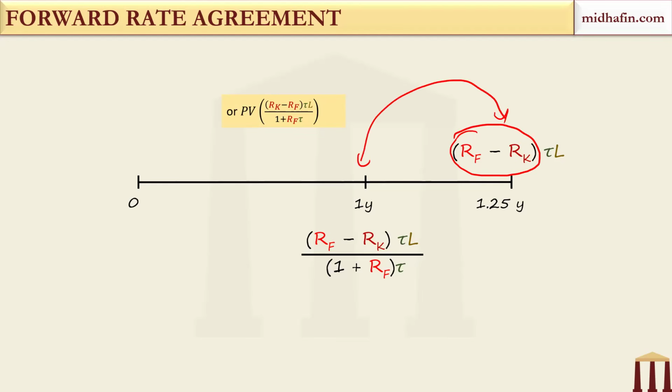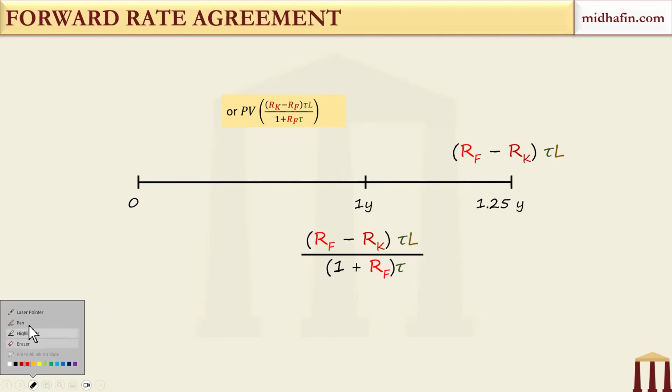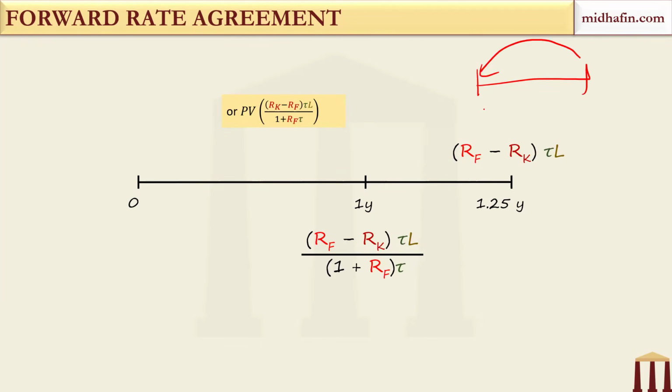See, try and understand why. What is the discount rate? Discount rate is the interest rate which is applicable between that period. RK is something which we fixed earlier at t equal to 0 to determine our payoff. But if you want to discount any cash flow for that matter, forget the forward rate cash flows, forget everything, any normal cash flow, which interest rate do you use?